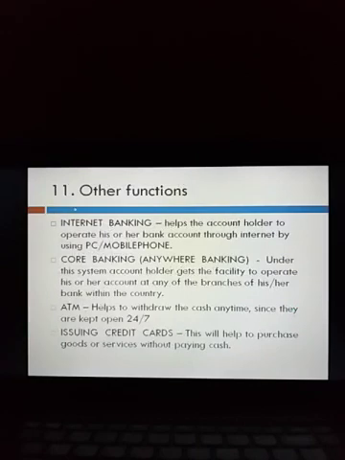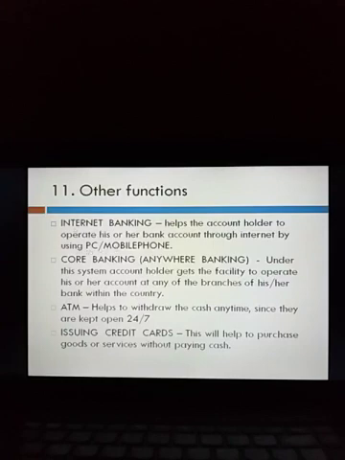11th point is other functions. First one, internet banking. This facility helps the account holder to operate his or her account through the internet by using a personal computer or mobile phone.